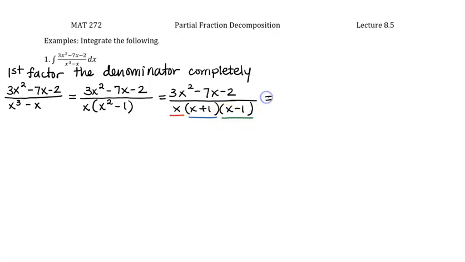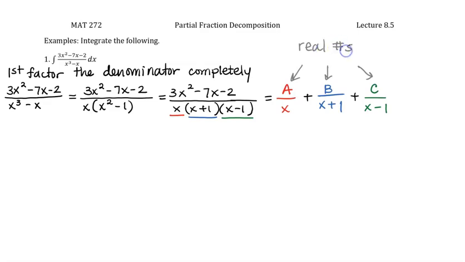So when we begin to decompose this into partial fractions, we will need to find some coefficient a that will go over the linear factor of x, some coefficient b that will go over the linear factor of x plus 1, and then finally some number c that will go over the linear factor of x minus 1. So a, b, and c are all real numbers that we need to find.